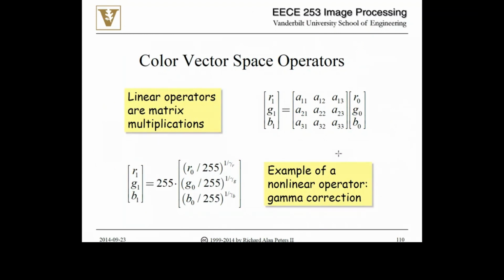We could have linear and non-linear transformations. An example of a linear transformation would be simply a matrix multiplication, that is a linear operator. And an example of a non-linear transformation would be applying a gamma correction to each one of the channels, and we could have different gamma factors for each one of the bands, or you can imagine any other combination.